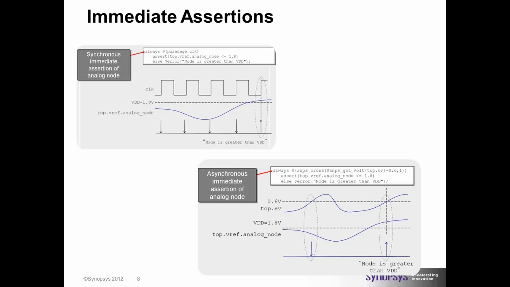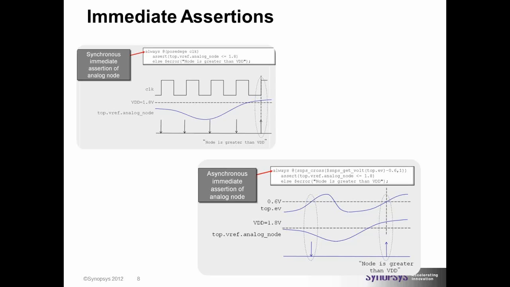So again, here is an example of synchronous and asynchronous immediate assertions. In case of synchronous, we check the assertion on passage of every clock. If you can see on the left-hand side top corner, there is an assertion for a particular analog node called top.vref.analog node, and the assertion is to check that the node should never cross a voltage of 1.8 volts, at passage of every clock.